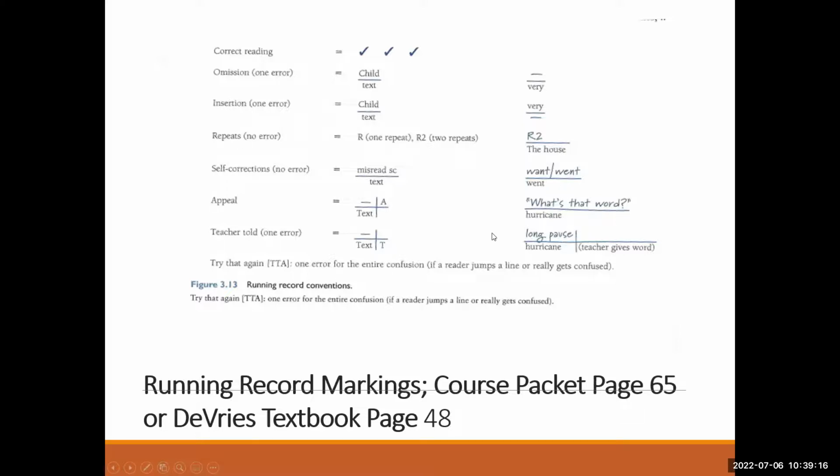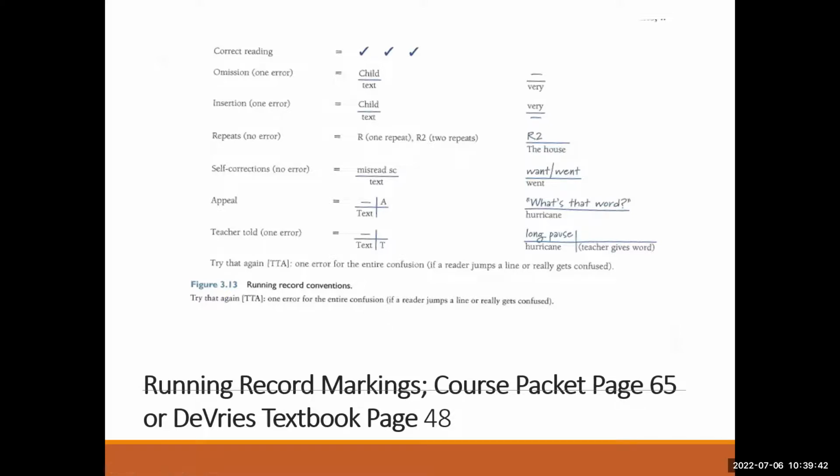You could write that there's a long pause there, or you could just put a dash above the word to show they omitted it and then put teacher told. And I think the implication is, obviously, if the teacher tells them the word, it's because they didn't say it and they didn't ask for help. Otherwise we would have put the appeal there. So those are the markings.